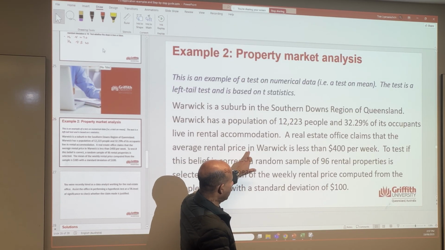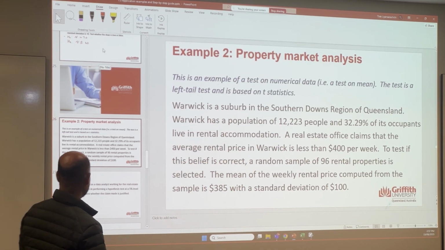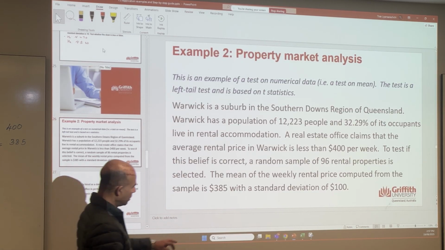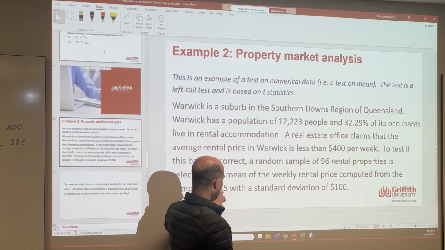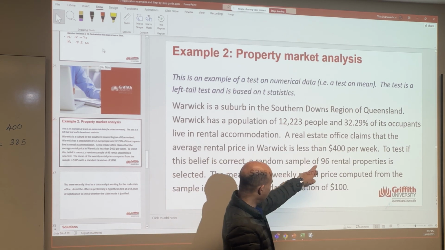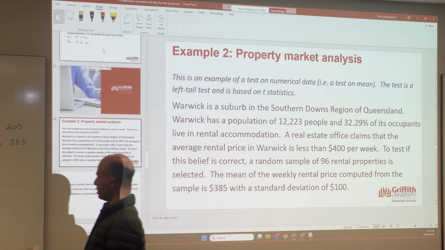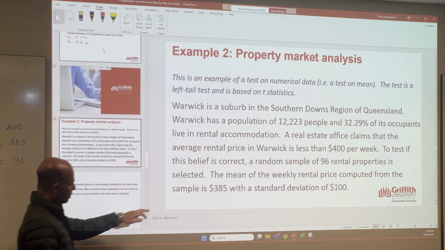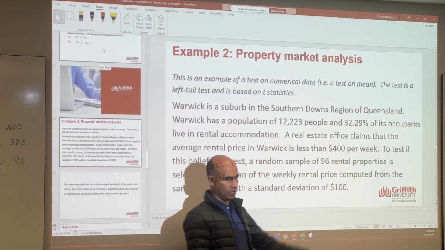The real estate office believes it's less than 400, so mu is 400. What is X bar? 385, yes, because that is the sample mean of the sample rent. Sample size? 96, because they got a random sample of 96 rental properties.